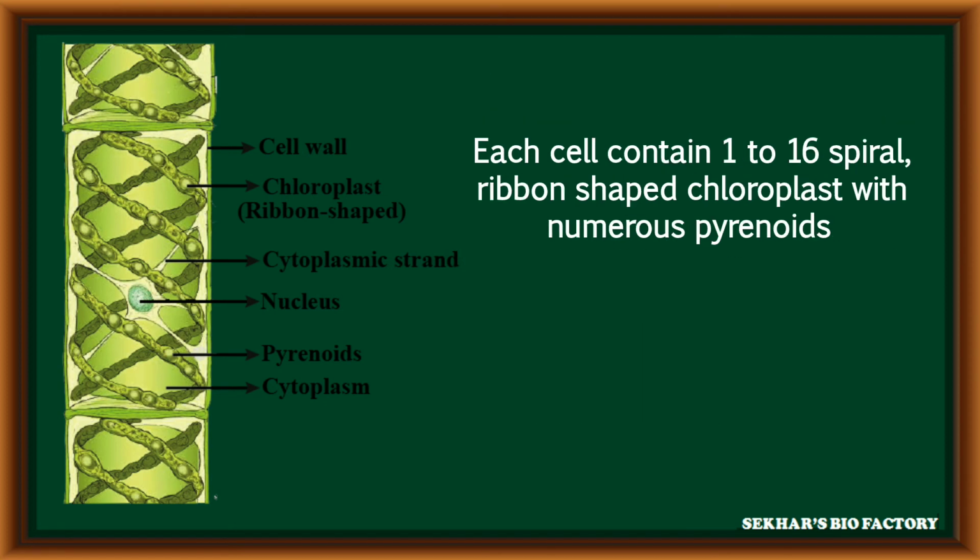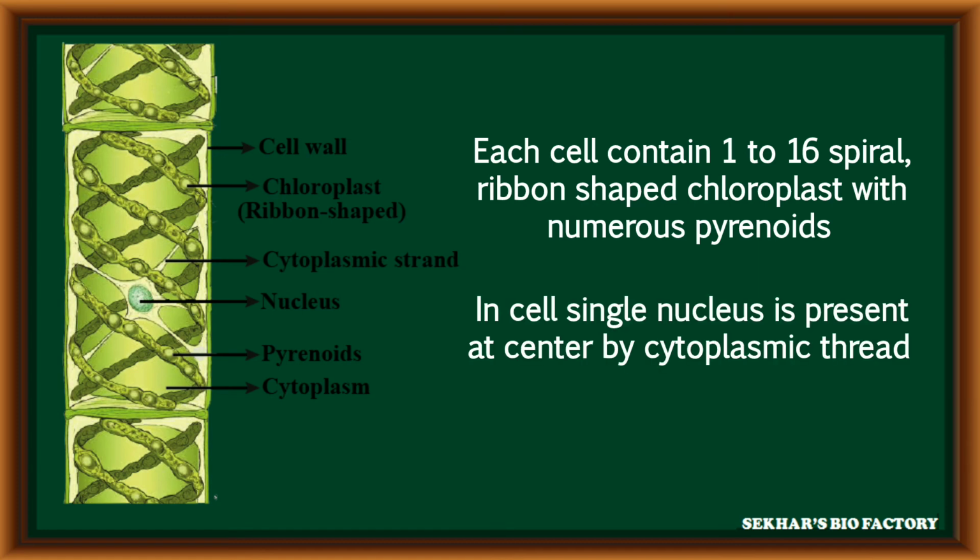Each cell contains 1 to 16 spiral ribbon-shaped chloroplasts with numerous pyrenoids. Because of this spiral-shaped chloroplast, it is named Spirogyra. The cell nucleus is generally located at the center with the help of cytoplasmic threads. These are developed from the periphery of the cell wall.